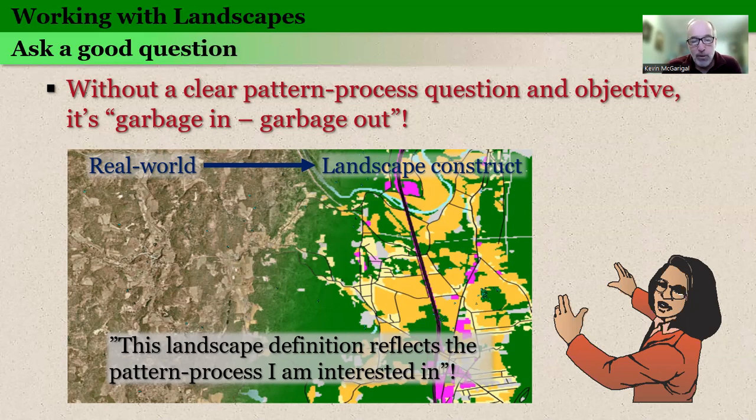So remember, we're taking the real world and we're constructing a landscape from a particular perspective, looking through a particular lens at a particular scale to frame a specific pattern process problem, and then proceed with the definition of the landscape and the analysis to ultimately answer the question of interest.